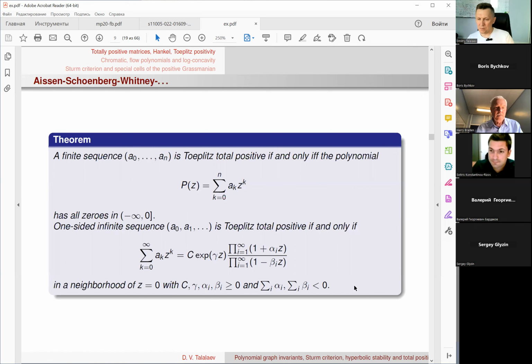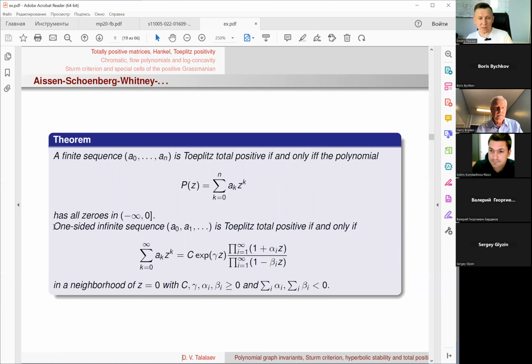I don't understand: betas all positive, but their sum is negative? I think it's a mistake. There is no condition on the sum of all alphas and betas, just that alphas and betas are positive.